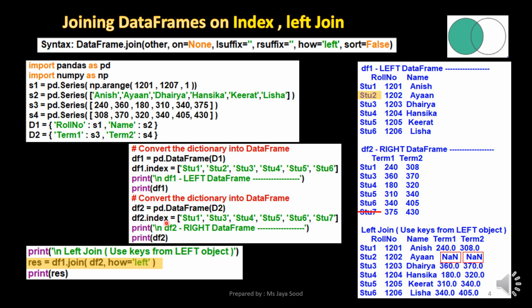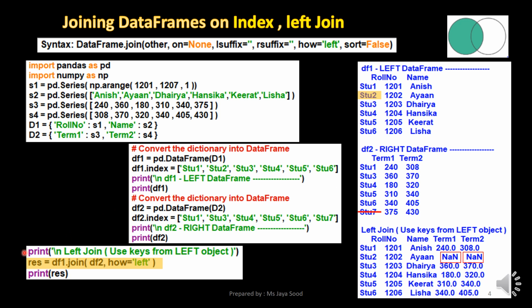The index is set to stu1, stu3, stu4, stu5, stu6 and stu7. This will be our right data frame as shown here in the output. There are two columns, term 1 and term 2, and the indexes are stu1, stu3 and so on.